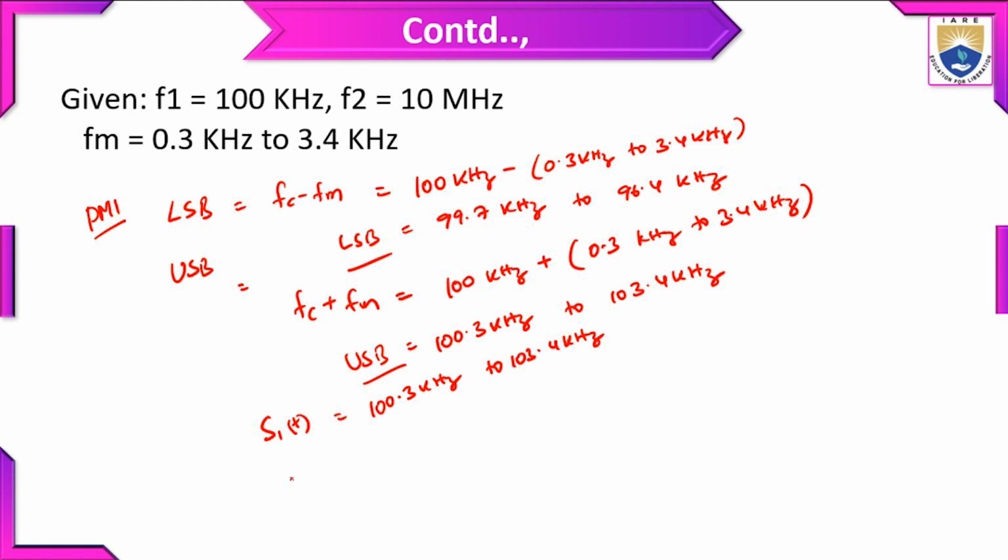So here coming to the next slide, product modulator 2. Here I am considering product modulator 2. So the product modulator 2 is having LSB and USB. So here S1 of t is 100.3 kilohertz to 103.4 kilohertz.